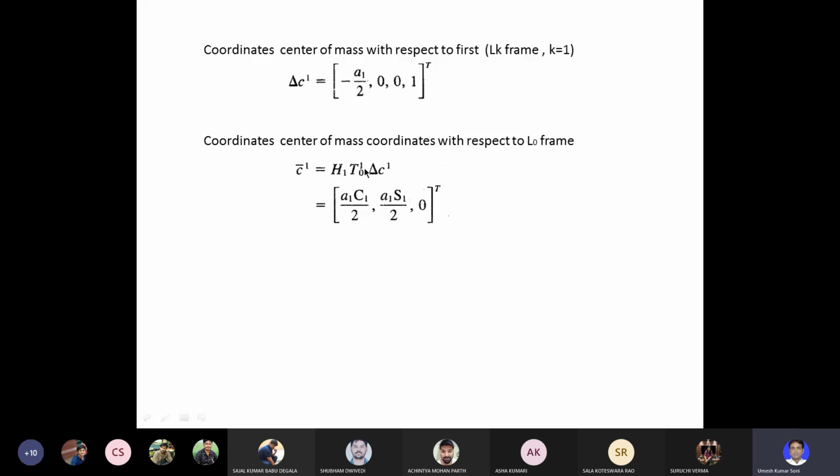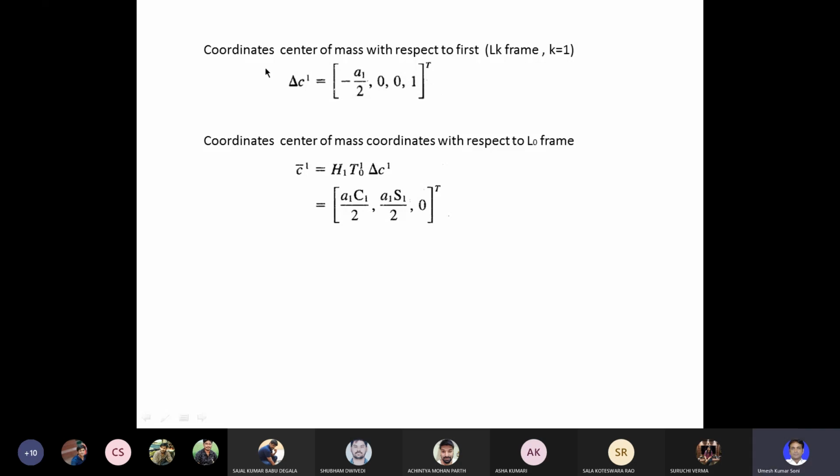If you are at the fourth link, suppose 4 links are there and you are at the fourth link, so T40 will be the transformation, and the center of mass of fourth link will be taken with respect to fourth coordinate L4.